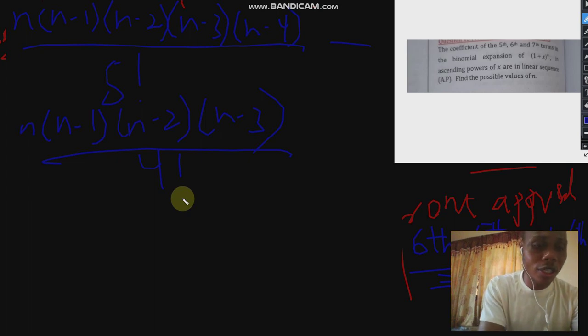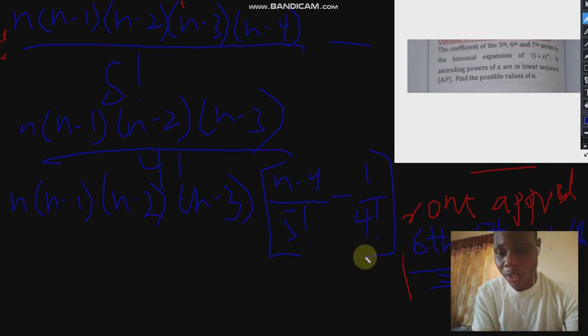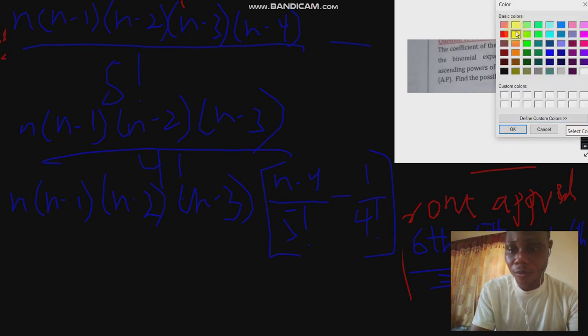If I do this subtraction, I just have to factor n minus 1, n minus 2, and n minus 3 out, and I'll be left with n minus 4 over 5 factorial minus 1 over 4 factorial.